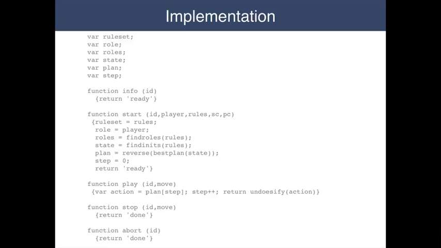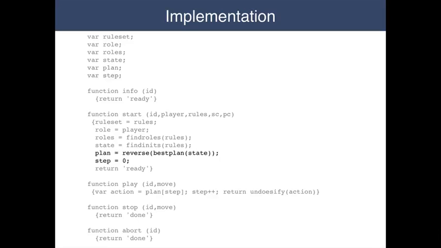The implementation of sequential planner is, again, similar to that for a previous method that we've seen, namely compulsive deliberation. We set up a couple of additional global variables in this case, one to hold the plan, and the other to keep track of the current step. During the start clock, the player uses the bestplan subroutine to produce a sequential plan.